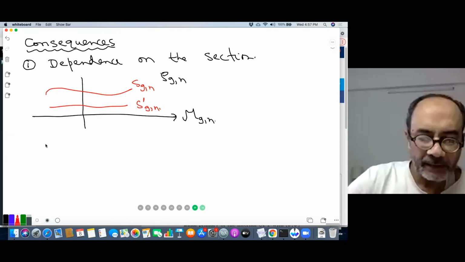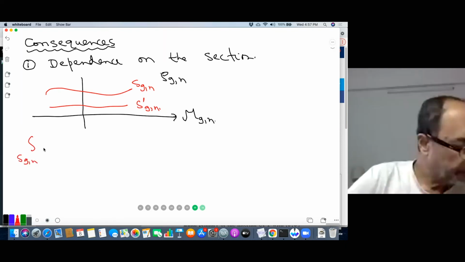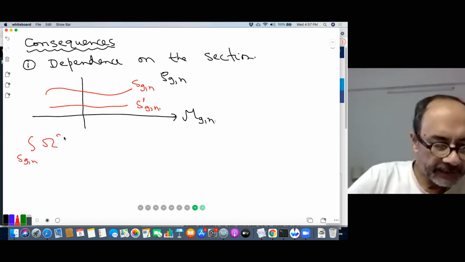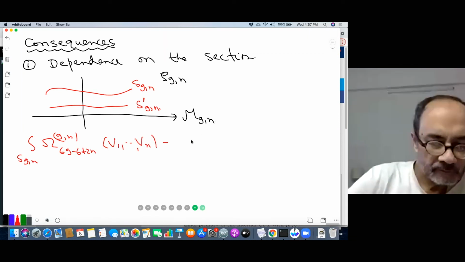For this, we need to calculate the integral over SGN of omega GN minus the integral over S prime GN.